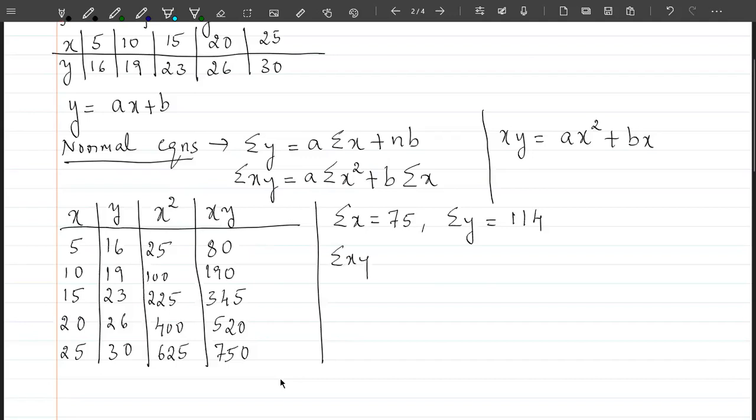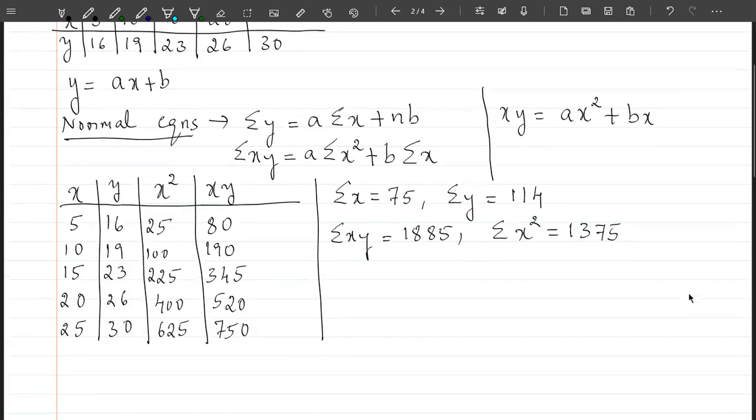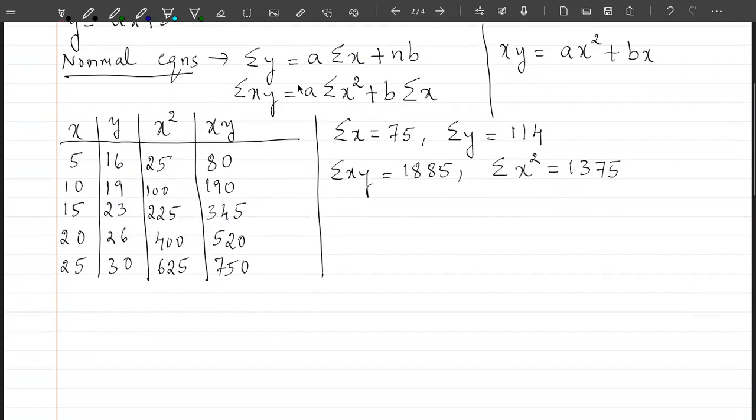Summation of xy is equal to 1885. And summation of x square is 1375. So now since all the summations are calculated, we can substitute these values in the normal equations.